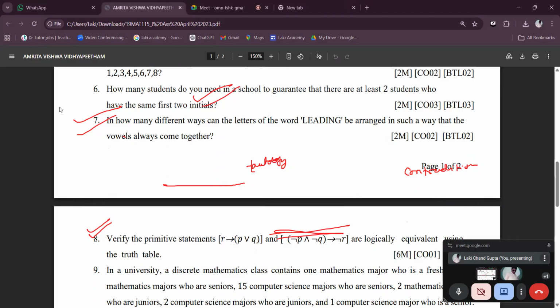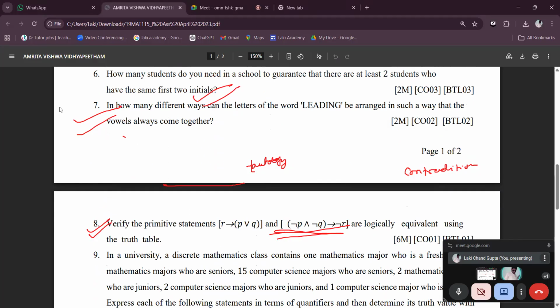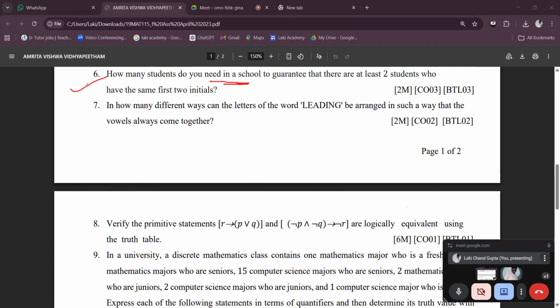How many students do you need at least to have the same first two initials? This one, pigeonhole principle. How many students do you need in a school to guarantee that at least two students have the same first two initials? Very good question. 27.